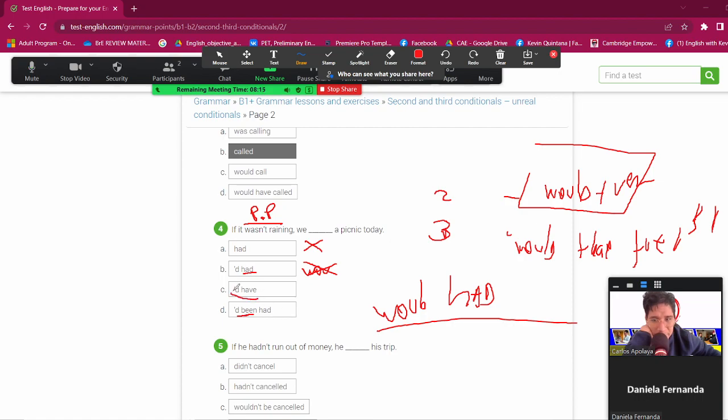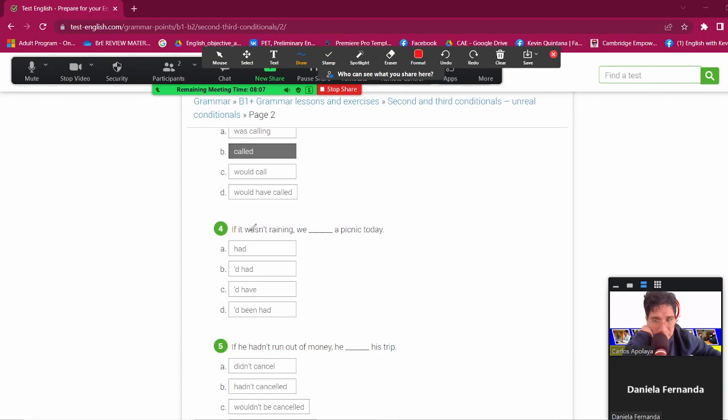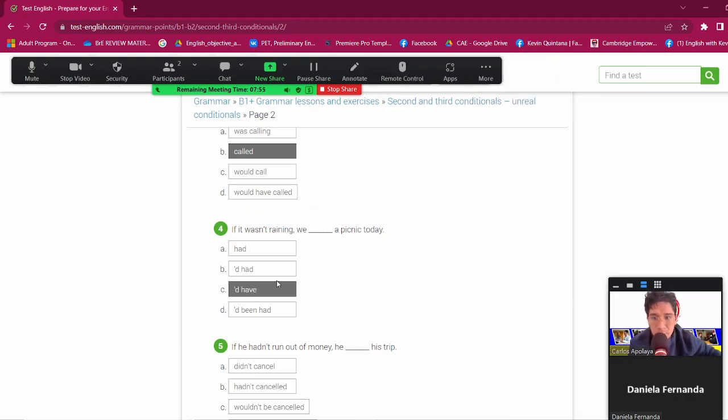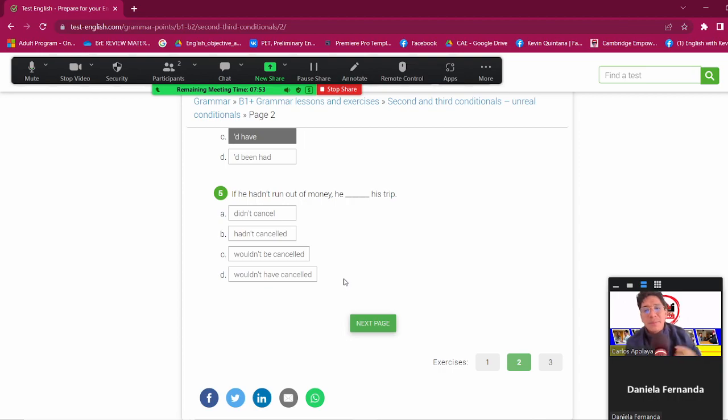Y además, esto está en pasado, ¿sí o no? El único que te queda es would have. Tendríamos un picnic, ¿ok? No te dejes llevar, tú fíjate en qué está. Está en pasado, acá va a haber un would. ¿Cuál es mi verbo? Have, de frente. No te dejes llevar, acá está en progresivo, porque no te he enseñado esa condicional, ¿vale?